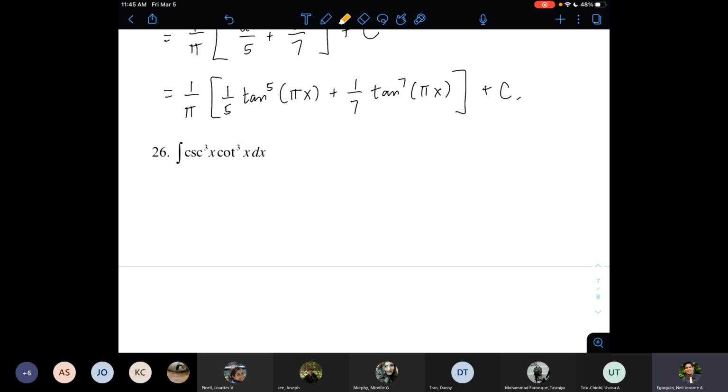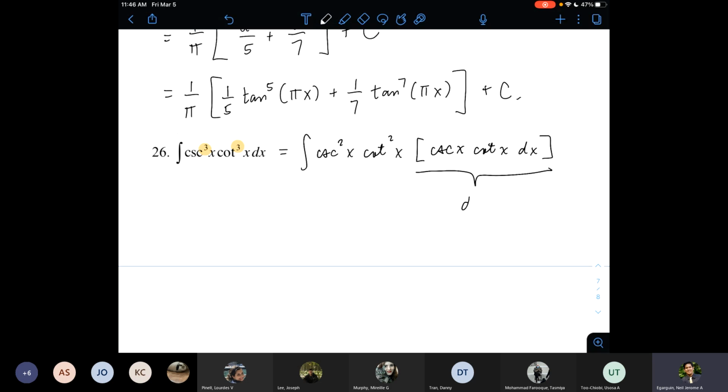Okay, for problem 26, you see that the power of tangent or the power of cotangent is odd, and cosecant has a power greater than 1. So this will fall under bullet number 2. So for bullet number 2, the suggestion was to isolate a cosecant cotangent for the du. So that will leave us with a cosecant squared and a cotangent squared here. And then our reserved factor for the du was cosecant x, cotangent x, dx, right?